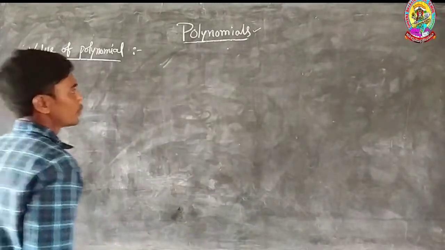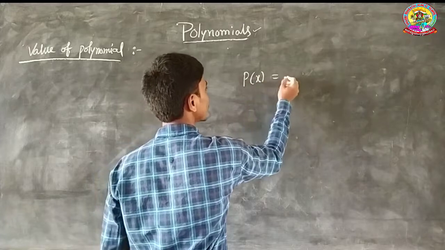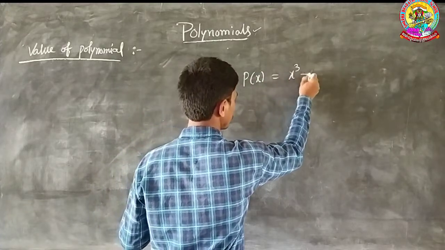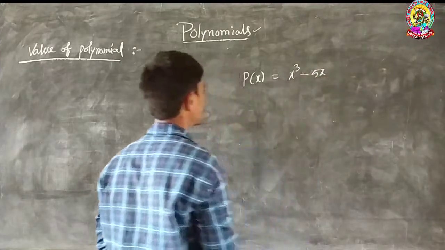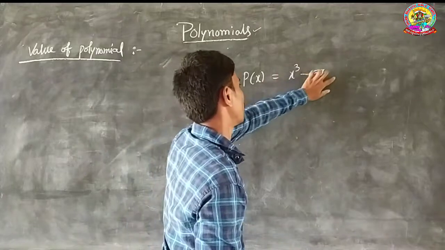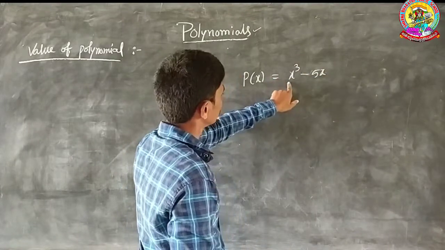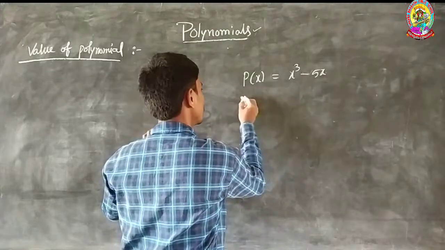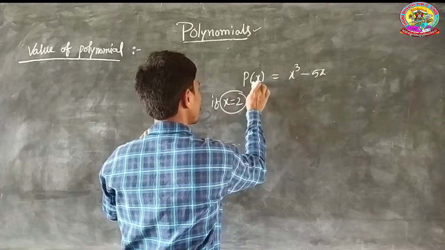Value of a polynomial. For example, if the polynomial p of x is x power 3 minus 5x, and you want to find the value of this polynomial, here it contains variable terms. If x is equal to 2, what is the value of p of x?